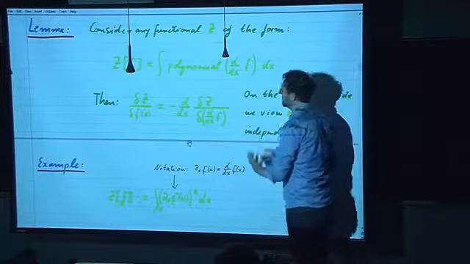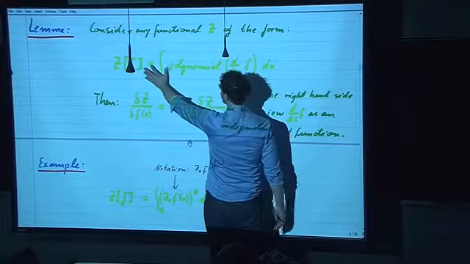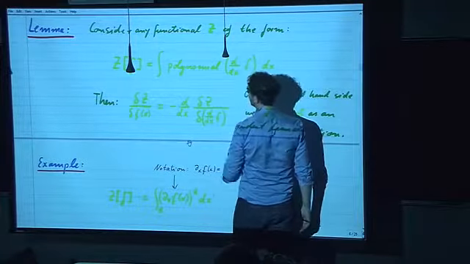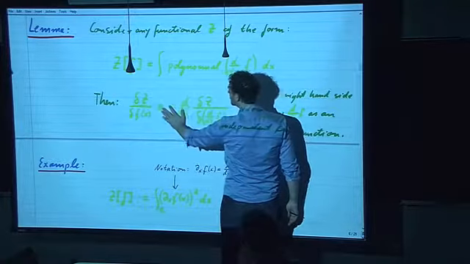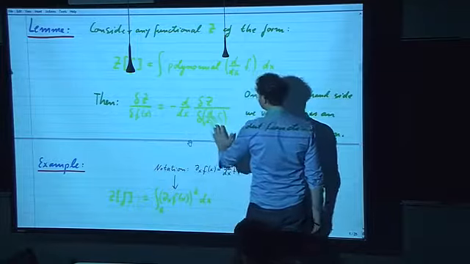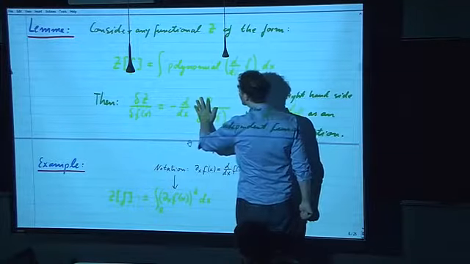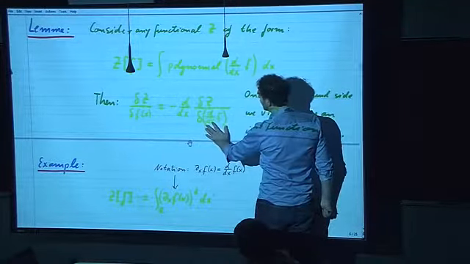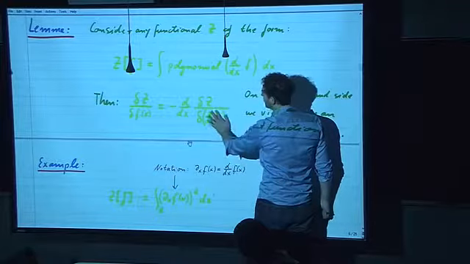So the general statement is that if you functionally differentiate a polynomial of a derivative of a function, then you can do this by taking minus the spatial derivative of the functional now differentiated with respect to the derivative of the function.